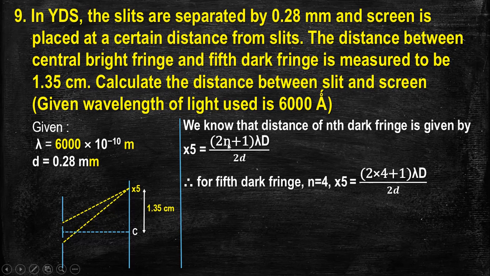Whenever you are using the (2n plus 1) lambda D upon 2d formula, you can express the distance of the nth dark fringe by xn equal to (2n plus 1) lambda D upon 2d. When you are using this formula, you have to write n minus 1 for a dark fringe.